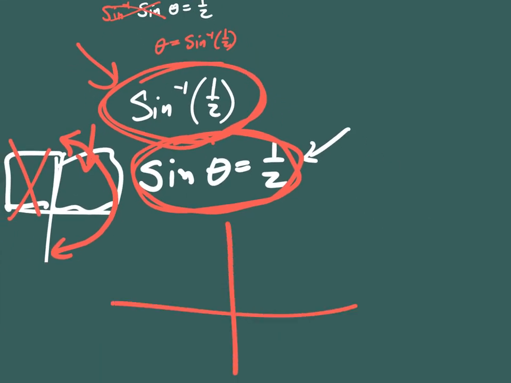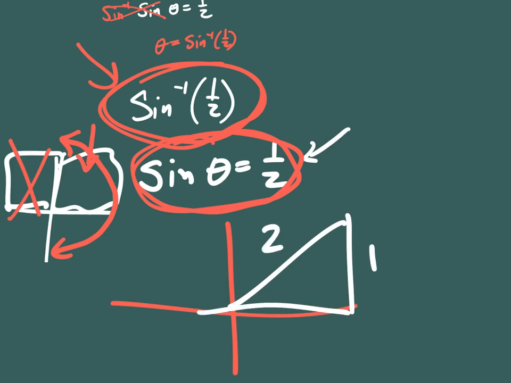So here's my triangle. I'm going to set it up with sine is opposite over hypotenuse, right? Opposite, hypotenuse. The third side, oh yeah, it's the 1, 2, square root of 3 triangle. Oh, I know this one. It's the 30-degree angle. And so the answer is 30 degrees. So whenever you have an inverse sine question, it's a question of, hey, what's the angle for this?